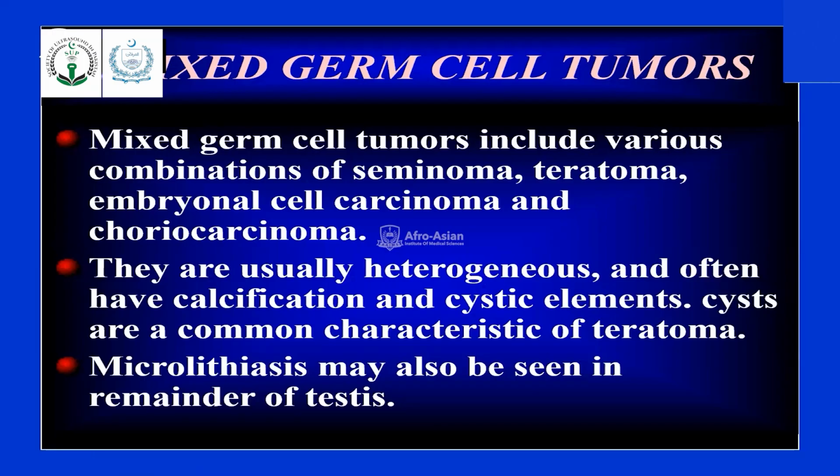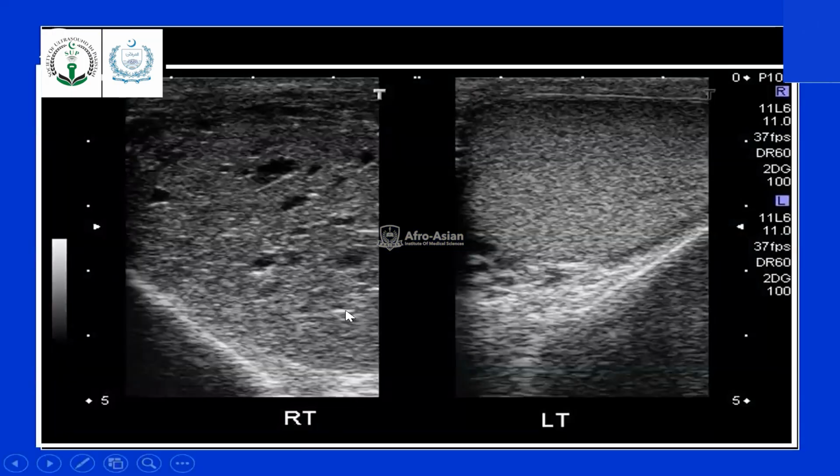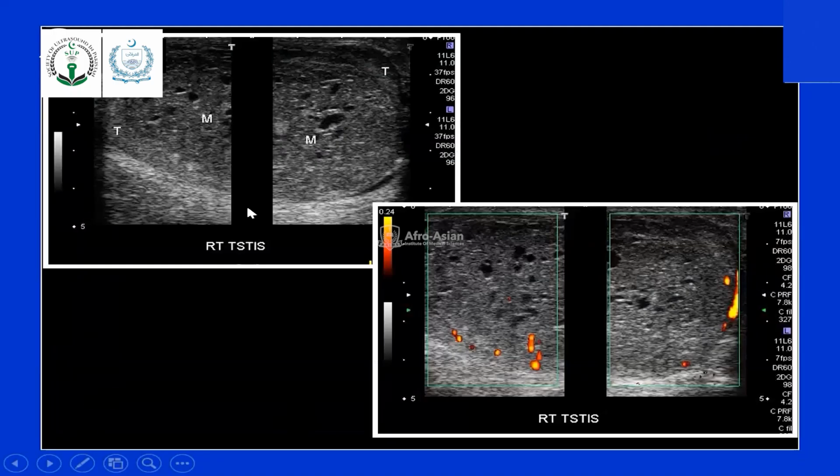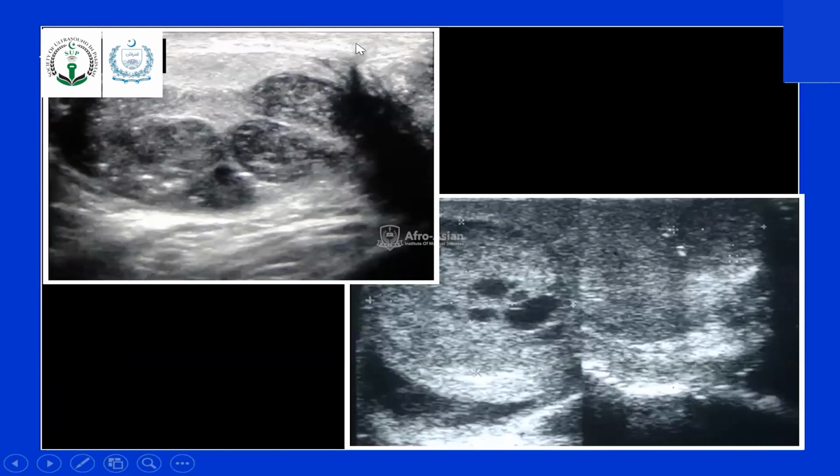Microlithiasis may also be seen in the remainder of the testicle. There is a mass, a germ cell tumor. Here again, you can see the whole of this is mass, with multiple sonographic presentations having a nodular appearance.